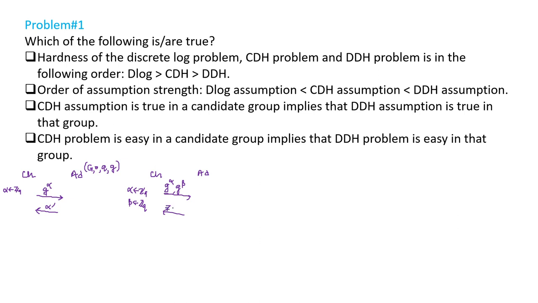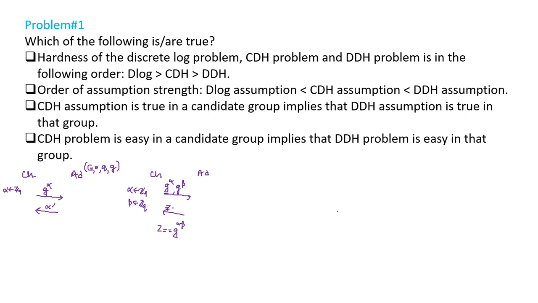It comes up with some value z and wins if z is equal to g to the power alpha beta. So its job is to compute the value g to the power alpha beta. Here in the discrete log case, the adversary's job is to compute the discrete log of this value.